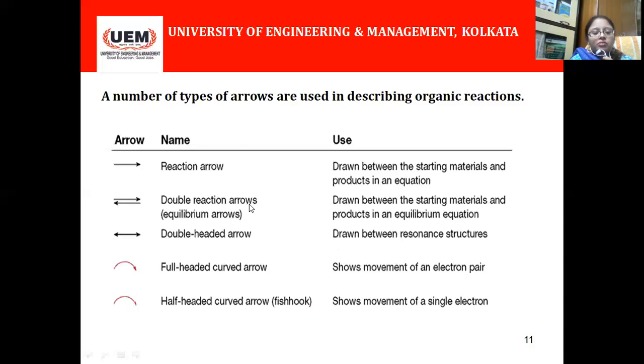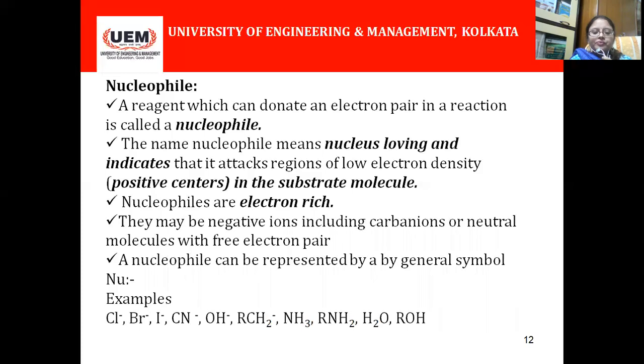If we want to denote the equilibrium reaction, that is, starting material and the product are in equilibrium with each other, then we will use this kind of arrow, that is double reaction arrow. Double-headed arrow we will use for resonance structure. Full-headed curved arrow I have already discussed. We will use this full-headed curved arrow for showing the movement of electron pair, and half-headed curved arrow for showing the single electron.